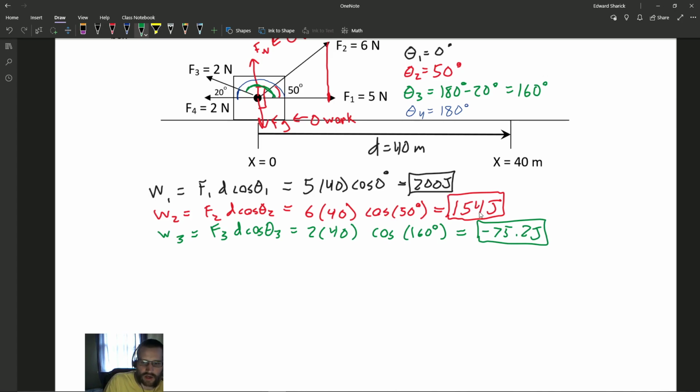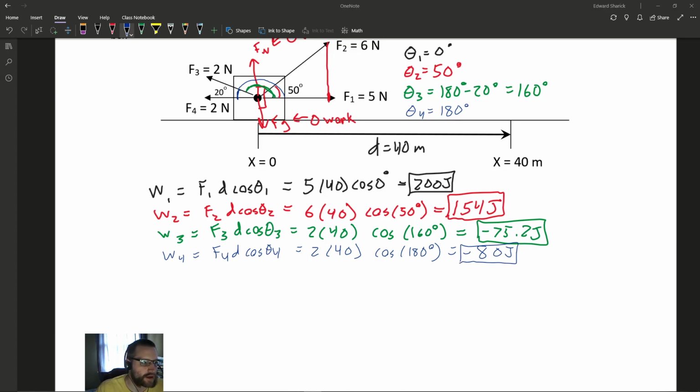These two are working to speed the object up. This force is working to slow the object down. And same thing for work 4. Two times 40 cosine of 180. Cosine of 180 is negative 1, so this would give us negative 80 joules.